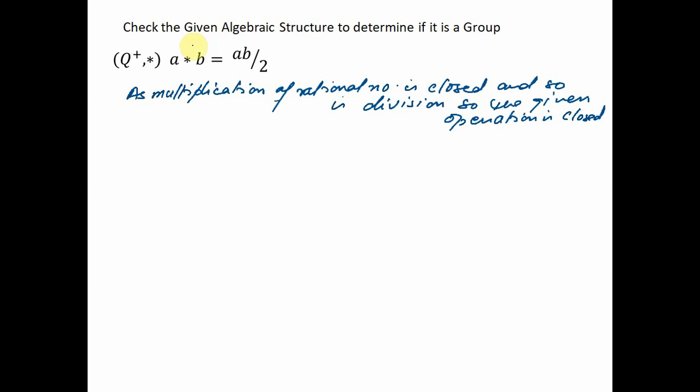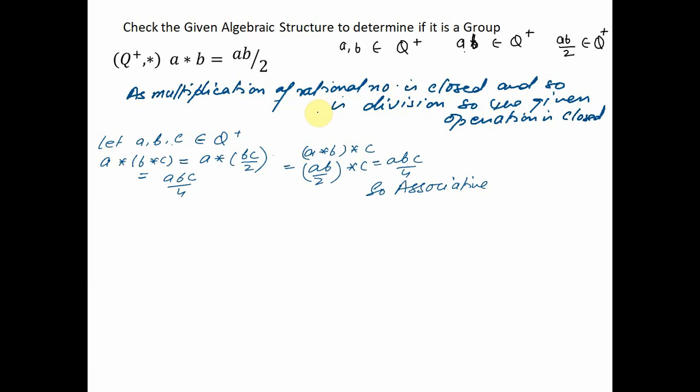We know that if a and b both belong to positive rational numbers, then a multiplied by b also belongs to the set of positive rational numbers, and ab by 2 also belongs to the set of positive rational numbers. So the operation is closed.